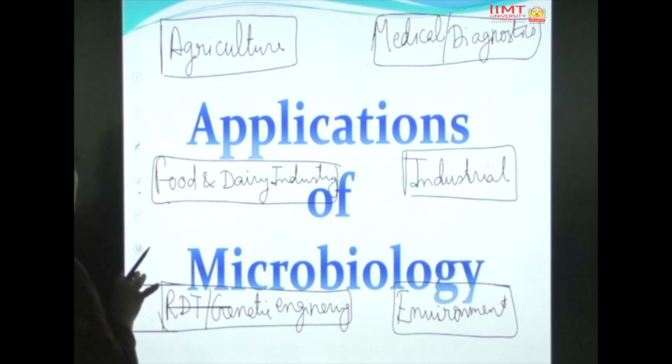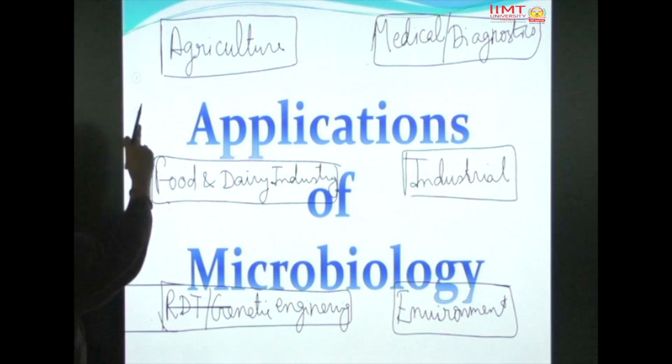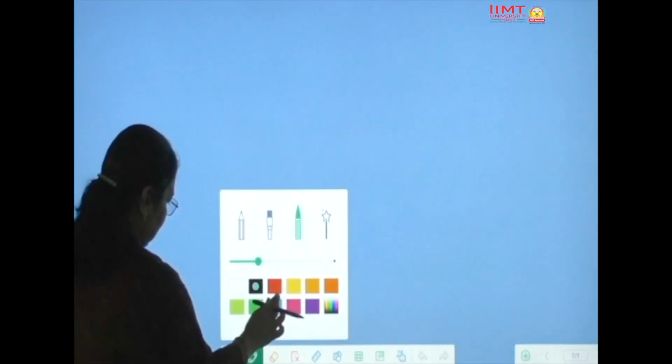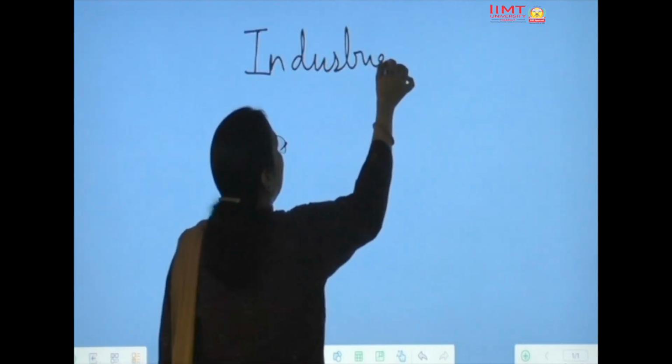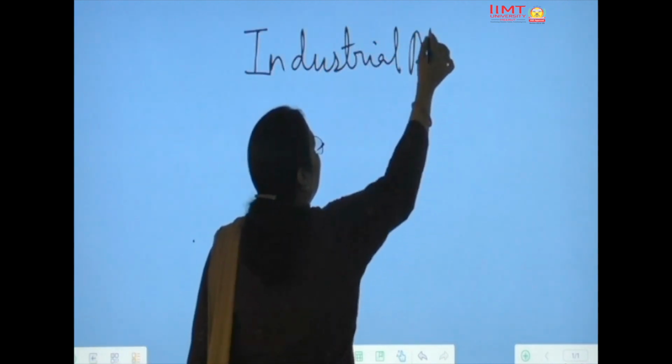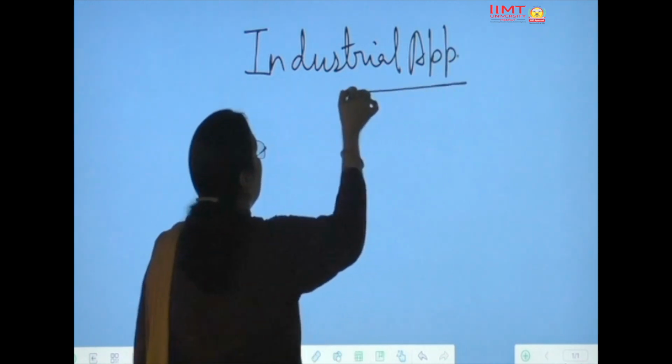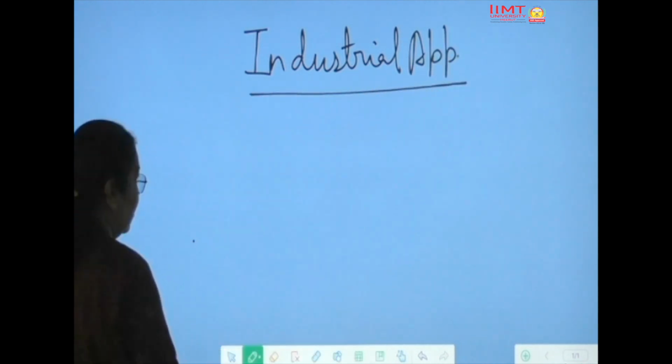So today we will be discussing the industrial application of microorganisms first. So let us talk about the industrial application of microorganisms.